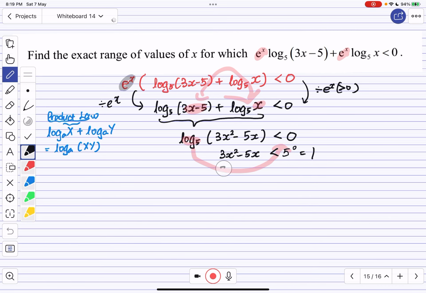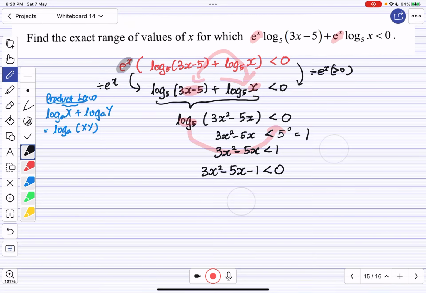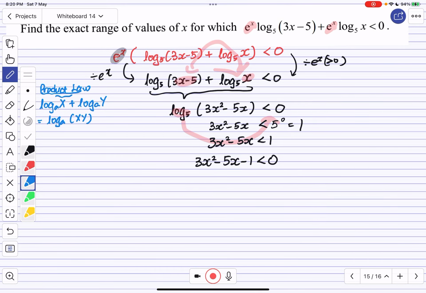So my next inequality is 3x squared minus 5x less than 1, which is the same as solving 3x squared minus 5x minus 1 less than 0. This gives me a very humble inequality. Now all I need to do is solve for all the possible values, maybe using the quadratic formula or the curve.